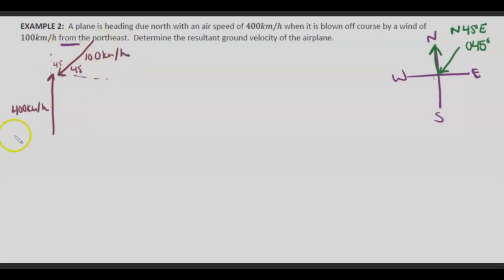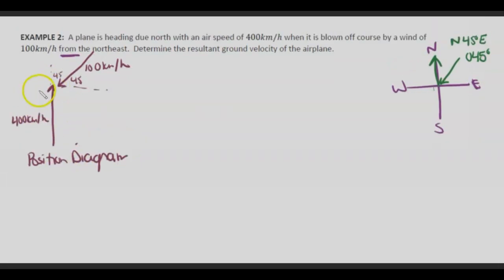This is called the position diagram, the tip-to-tip diagram. And what we want to do is relocate this 100 kilometers per hour vector so that we can do it tip-to-tail.